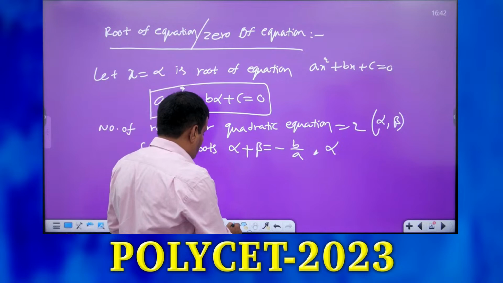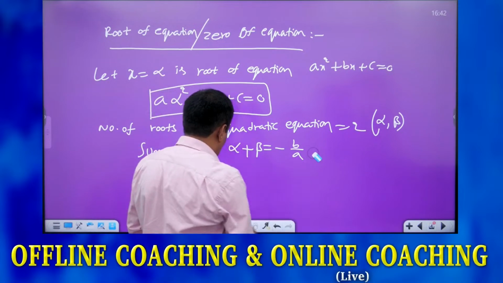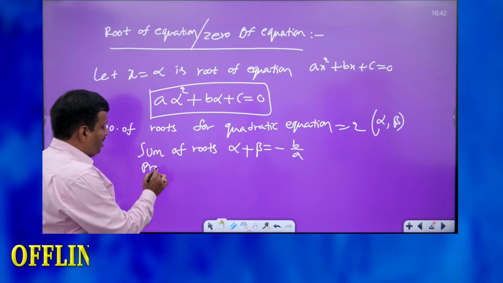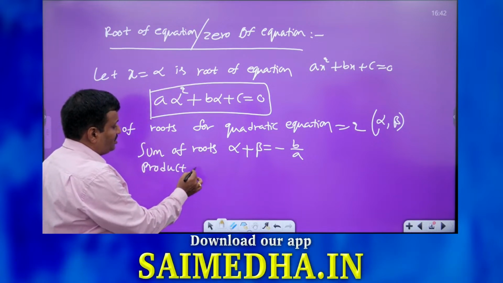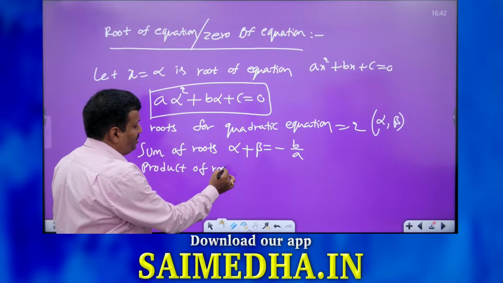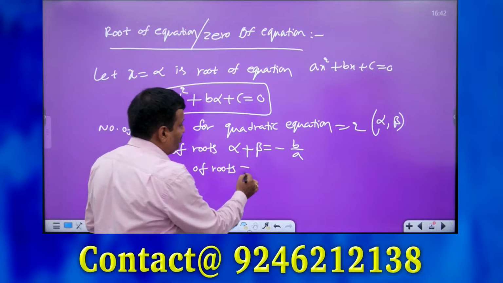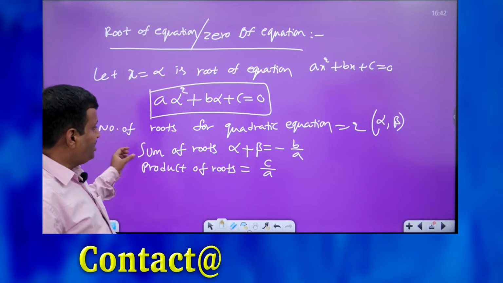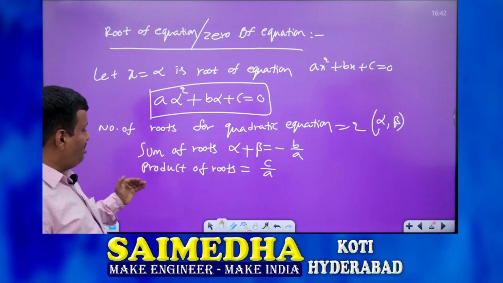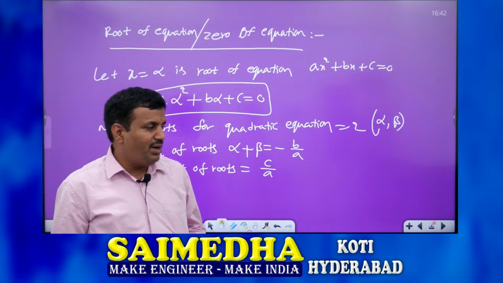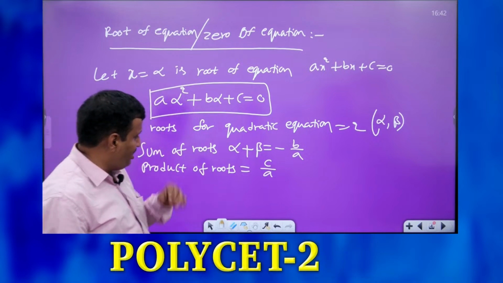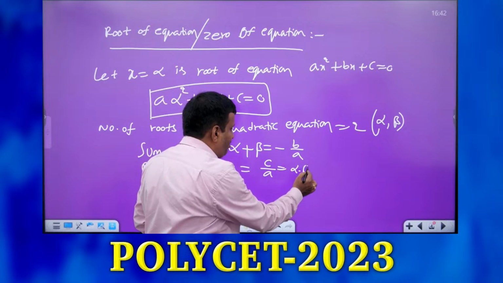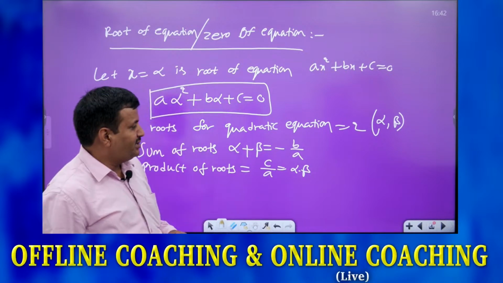Product of the roots, alpha into beta, is c by a.